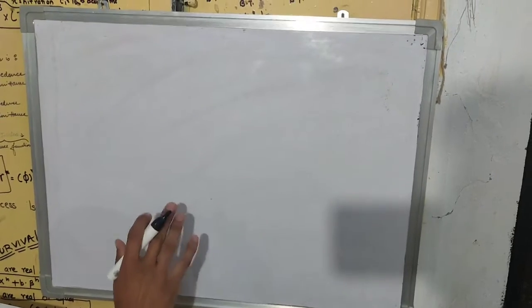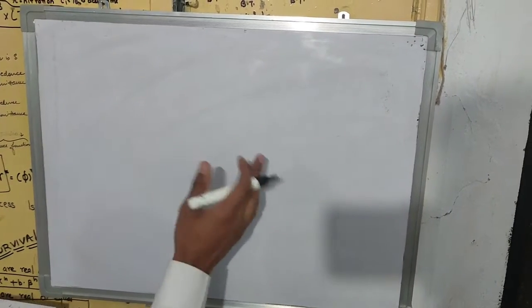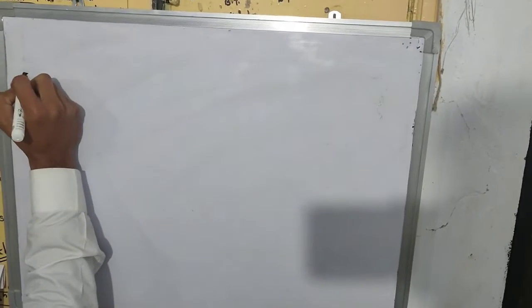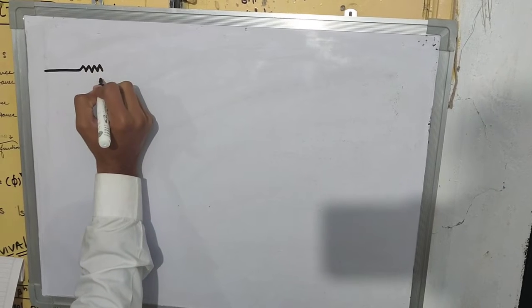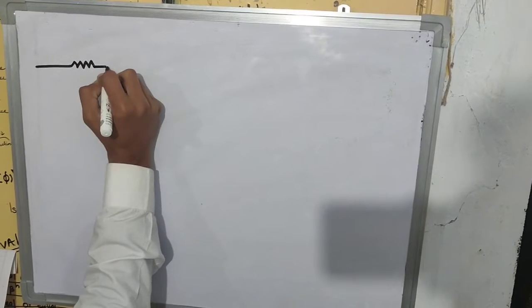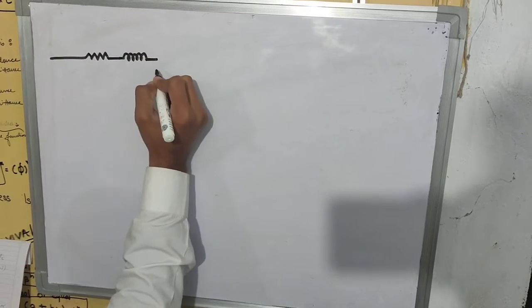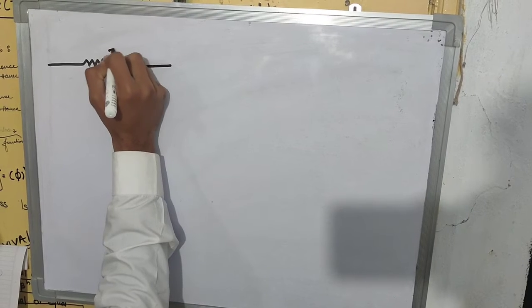By the equivalent circuit of induction motor, we can draw the circuit with stator parameters. The circuit can be drawn like this. This is R1. This is X1. Current flowing here is I1.